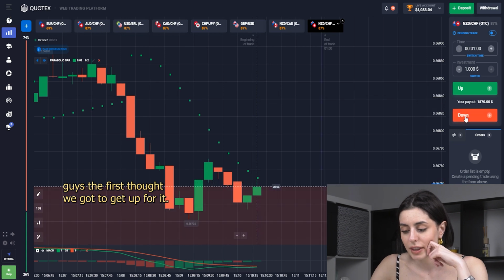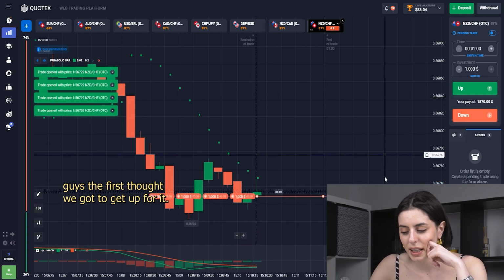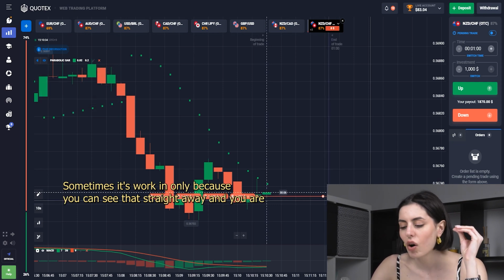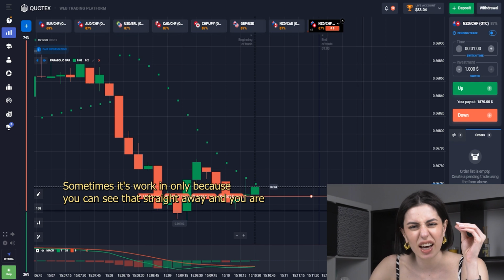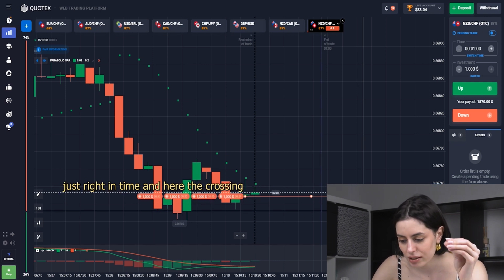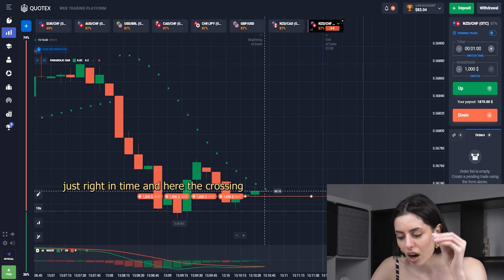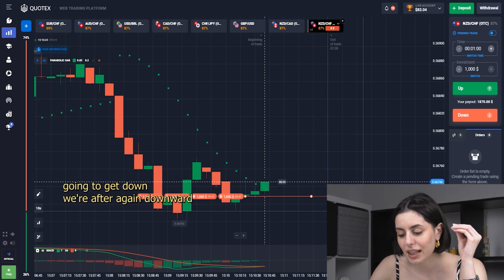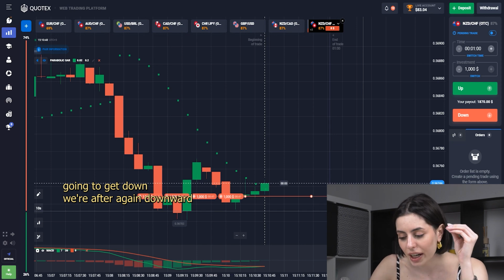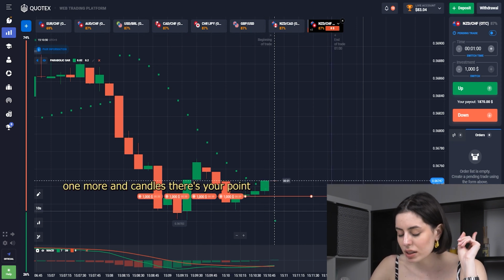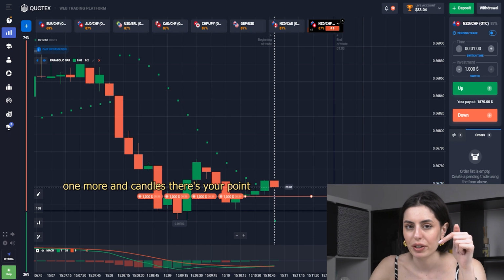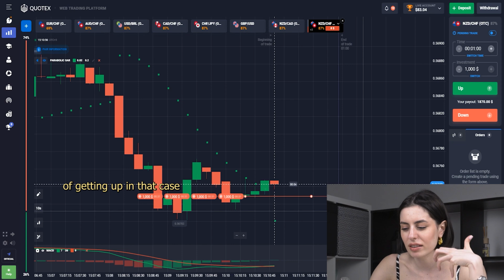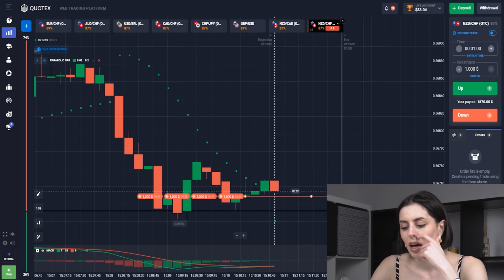Guys, the first thought was we have to get upward, but then here's an important thought. Sometimes it works only because you can see that straight away and you are just right in time. And here, the crossing. What are the chances that this green line is going to go downward after? Again, downward. One more. And candles at the 0 point. So there's actually some stopping of the upward movement in that case.